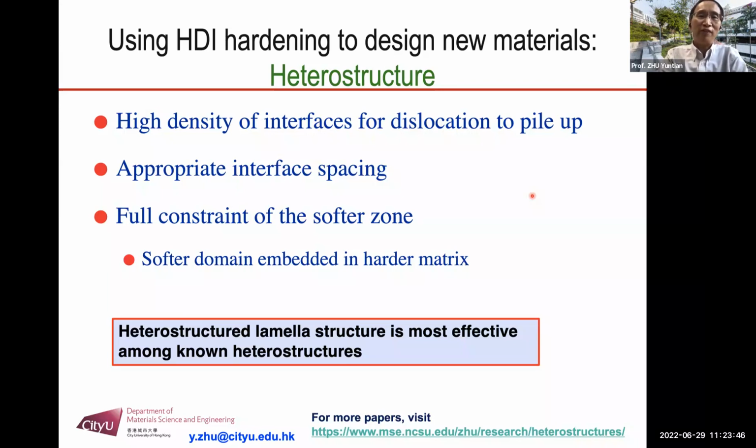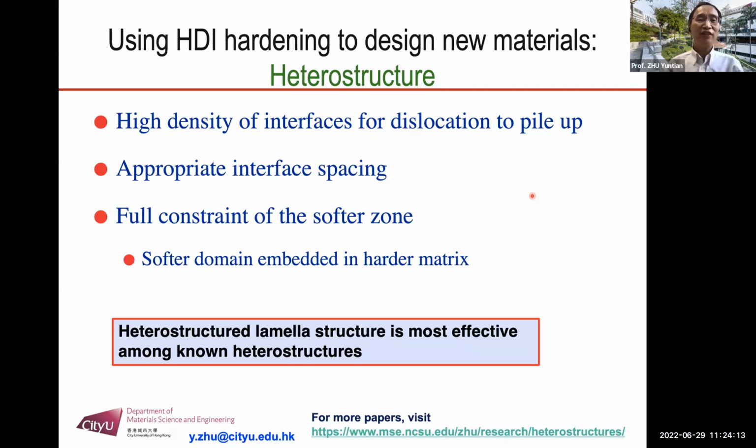What I mean is if the interface spacing is too small, like getting to nano size, then you have no space for dislocations to pile up anymore, which means it will not be effective. So you have an optimum interfacial spacing. Of course, if the spacing is too large, then it's not effective either.